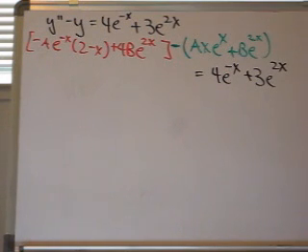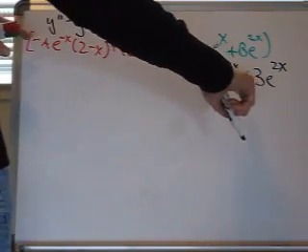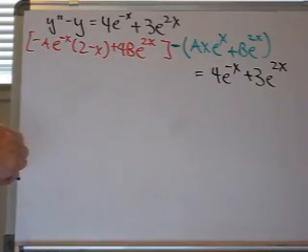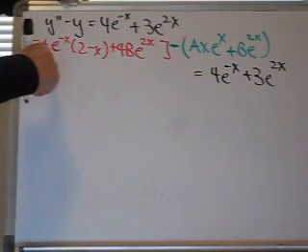So what I now need to do on the left-hand side is group functions together that are the same. Once I do that, I will find the same functions on the right and left-hand side and set their coefficients equal to each other. So on the left-hand side, let me go ahead and distribute.